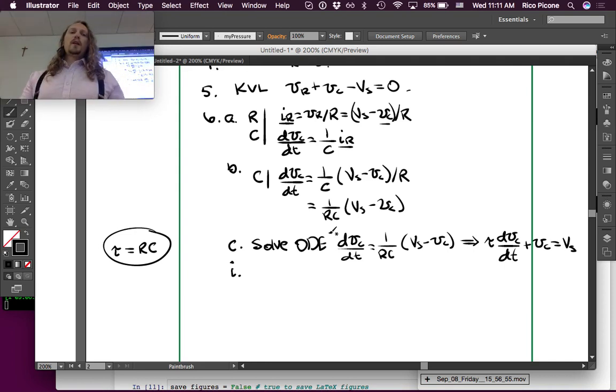So the first step is to find the what solution? Homogeneous solution. And the first aspect of that is to find the characteristic equation, right?